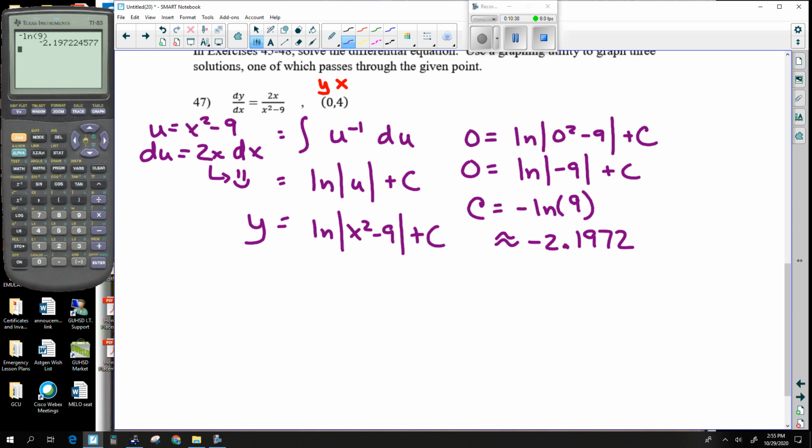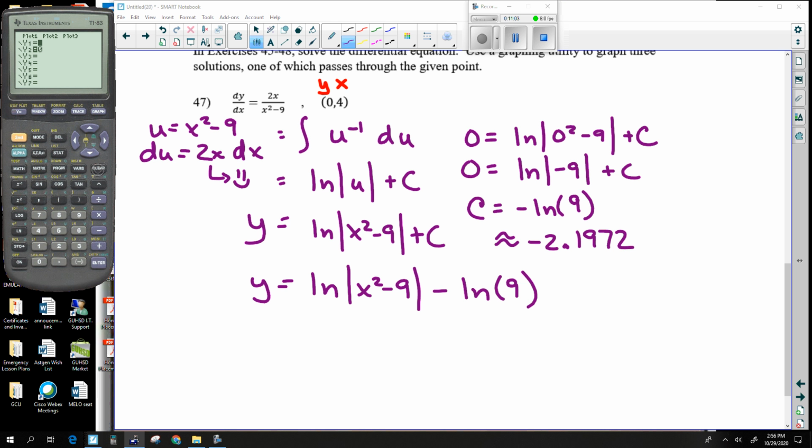I feel like I got a different answer for some weird reason. So y is equal to ln x squared minus 9, absolute value, minus ln of 9. That goes through that point. I'm just going to see if that's true.